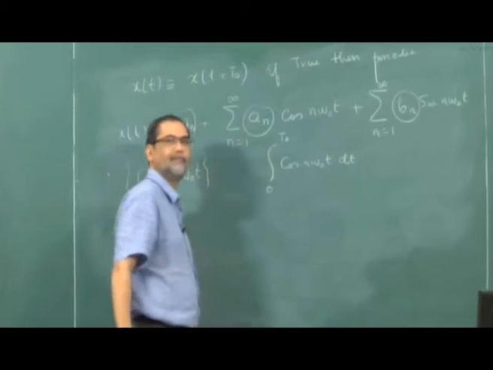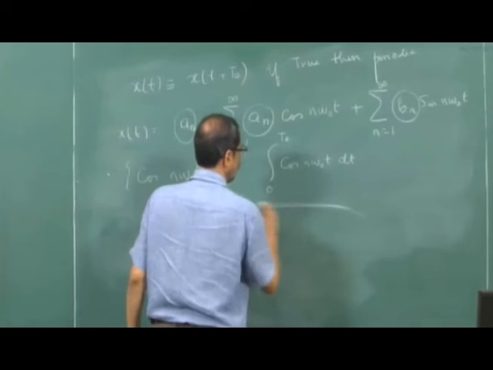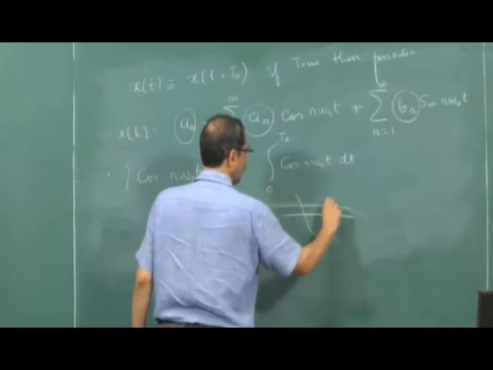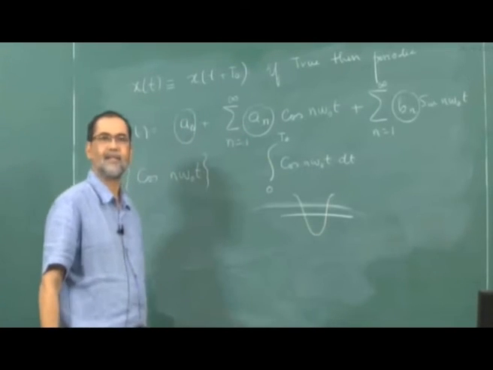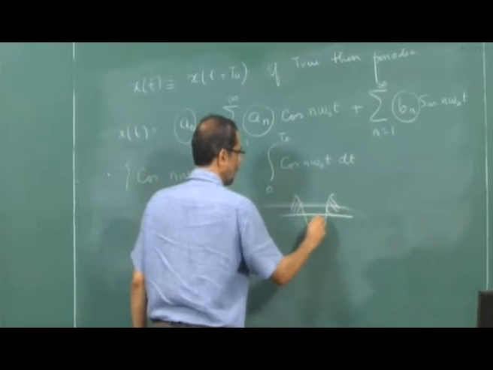right? So what he says is, if n is 1, then I have one cycle like this, positive part is equal to the negative part.